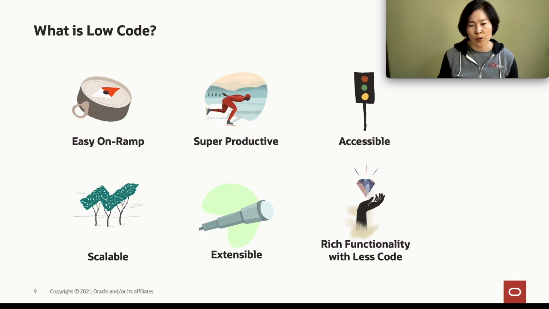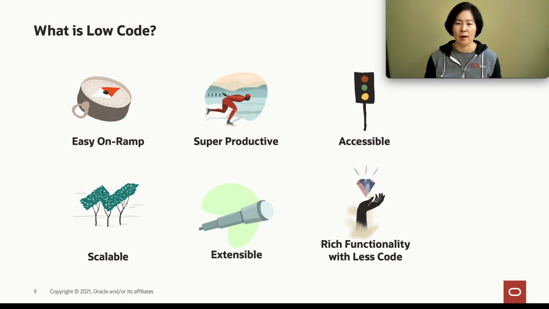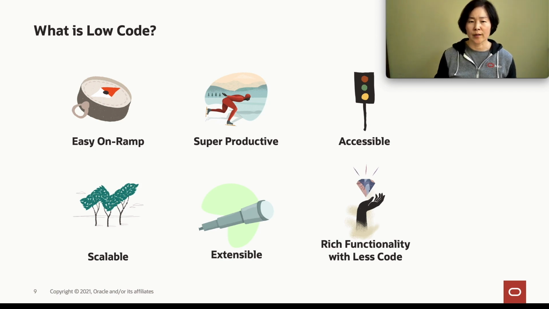Most low-code applications start small and grow big in complexity, functionality, and usage. For this, low-code provides scalable solutions. Low-code solutions are extensible as well, so you're not really constrained by the box you're in.